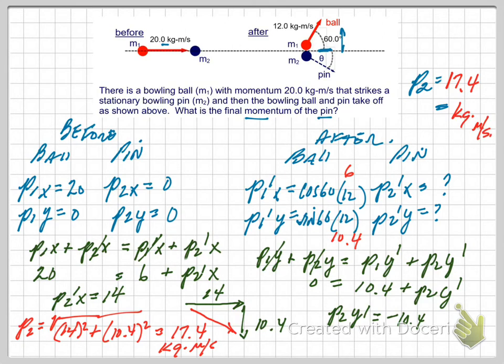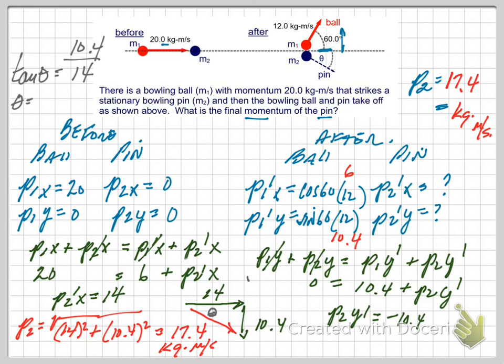And we could also determine theta here by relating the opposite and adjacent. So we have tan theta equals opposite over adjacent.